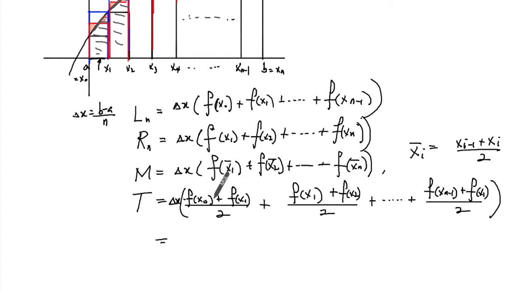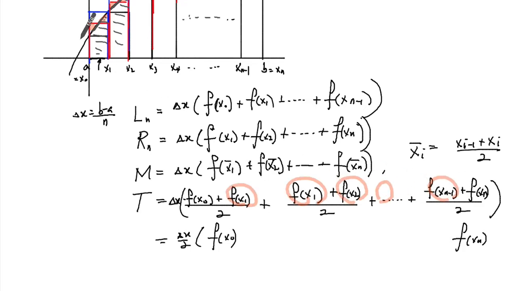If you factor out the half, you get delta x over 2. Then f of x0 and f of xn, we only get to add up one of each. But every term after that, x1 gets repeated twice, x2 will get repeated twice.